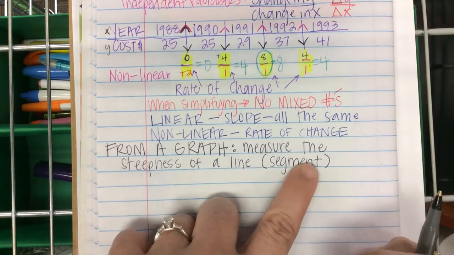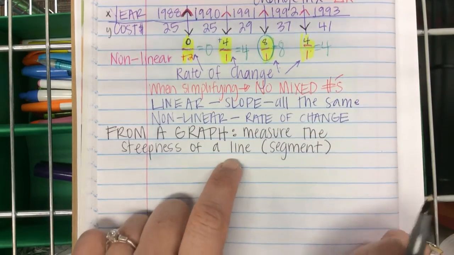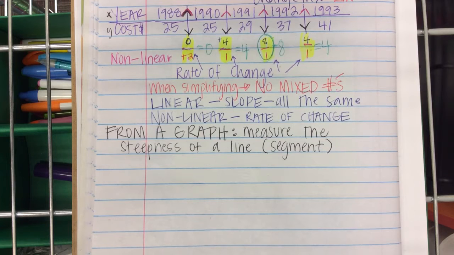If it's nonlinear, it's going to be a segment. If it's linear, it's going to be a line. So from a graph, we measure the steepness of that line or of that segment.